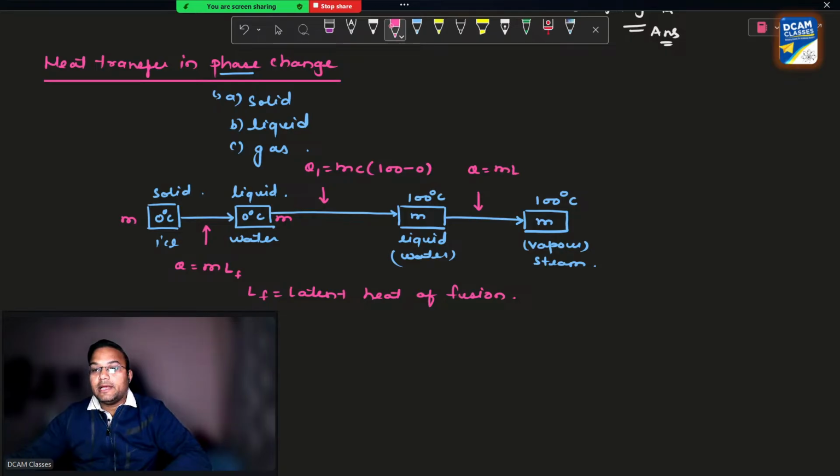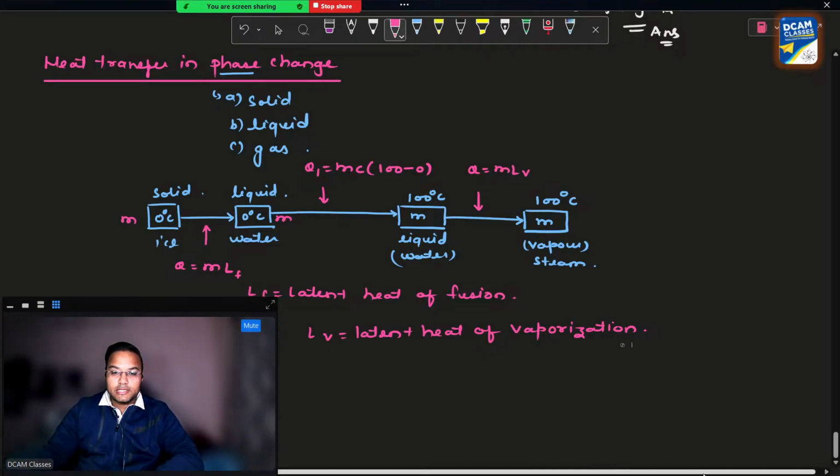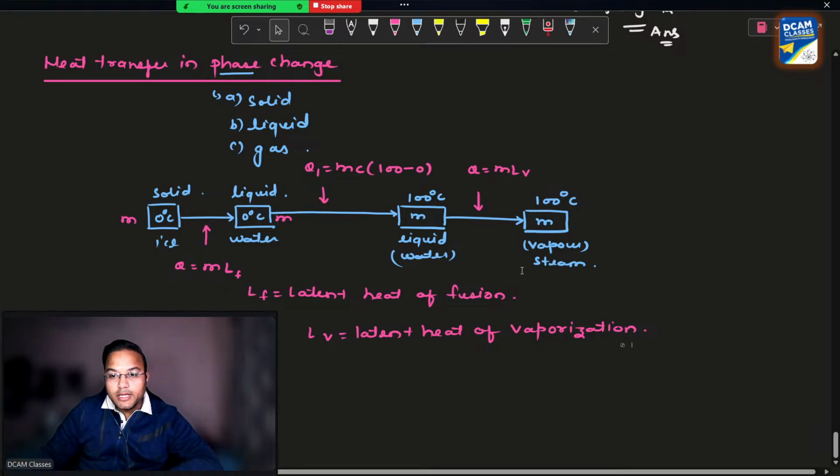It's M L_V, mass is the same, where L_V is known as latent heat of vaporization. But don't worry, whenever the latent heat of vaporization and latent heat of fusion are needed in your question, the value will be given in the question itself. You need not memorize these values.